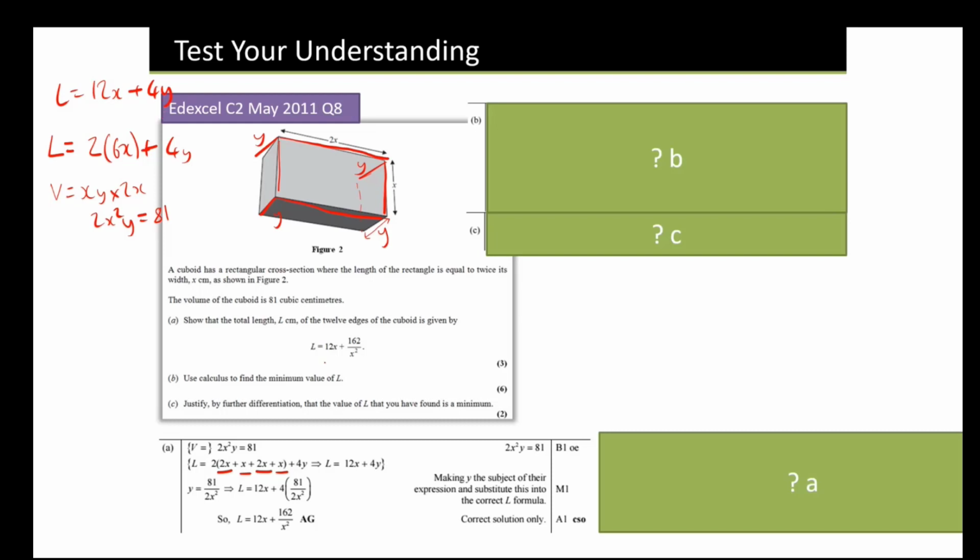Now, again, see we've got terms in x, so the key is to substitute and rearrange this in terms of y. I mean this one in terms of y, because we've got a figure here. So we can see we've got y equals 81 over 2x squared.